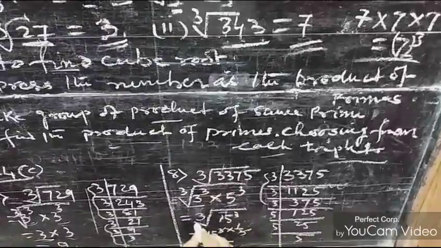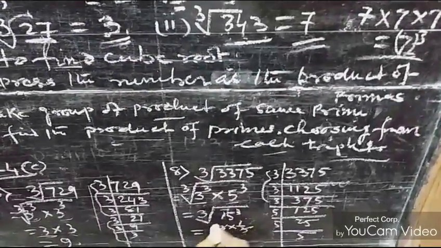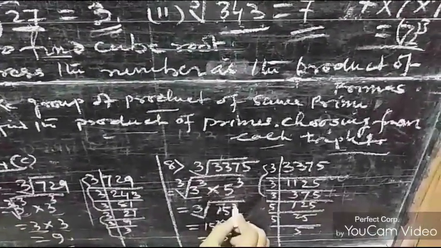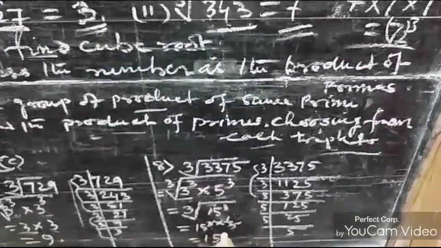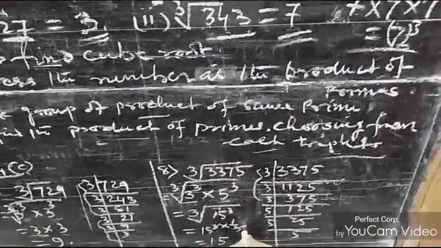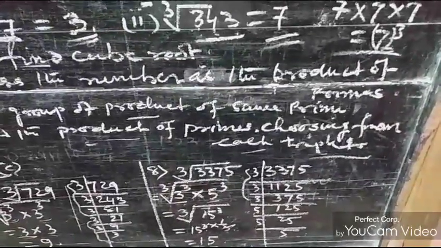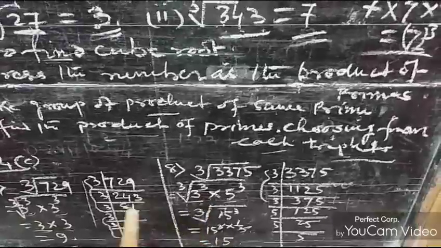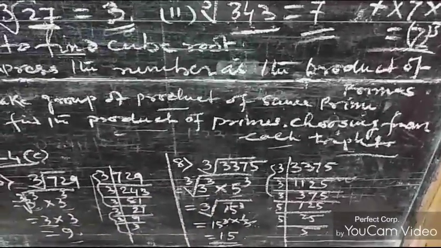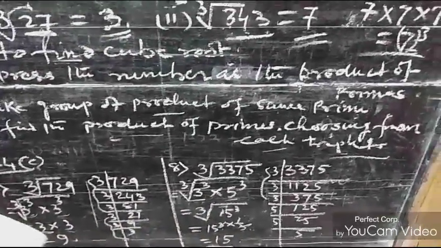See, 5 cube, and the cube root of 15 cube will be 15 to the power 3 into 1 by 3, since cube root means 1 by 3. So the 3 is cancelled and you get 15. This way, using exponents, you can also find the cube root of any number.